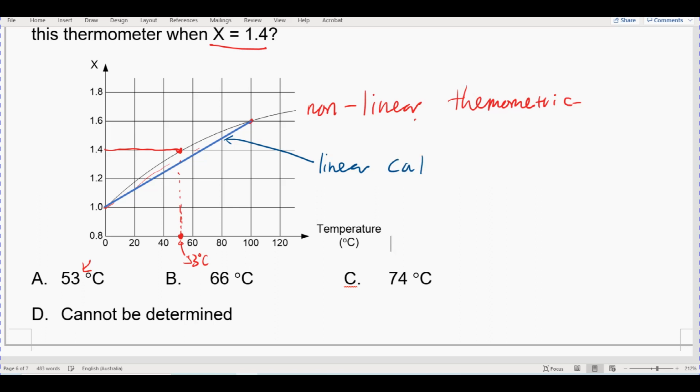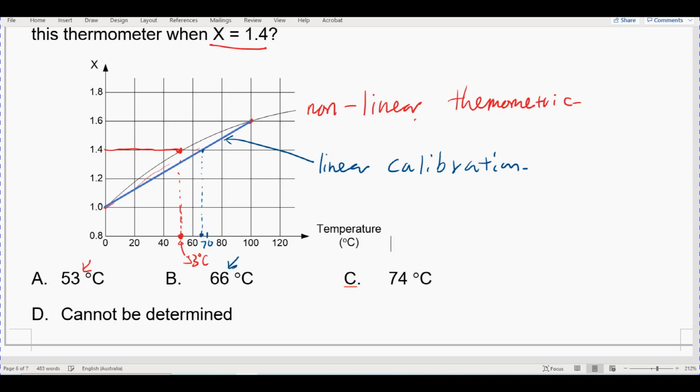So, linear calibration scale. If you do that, you see 1.4 is around here, which is less than halfway, where the midpoint should be 70, so it looks like 60.